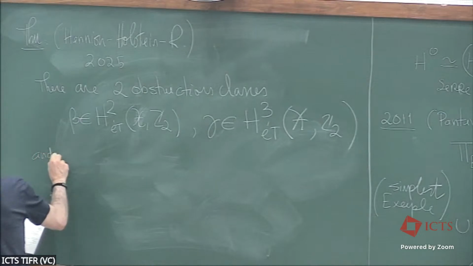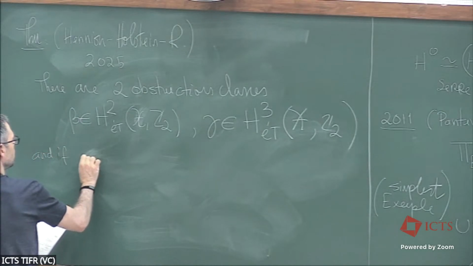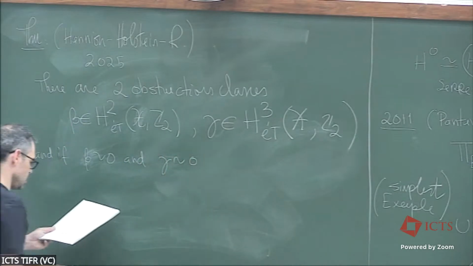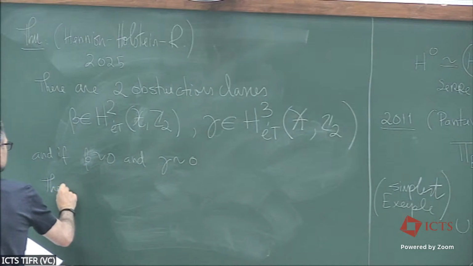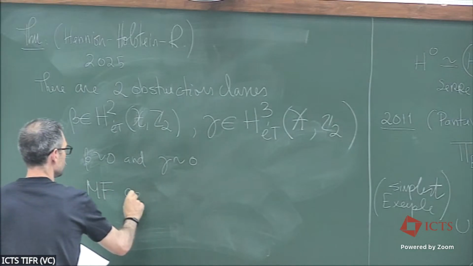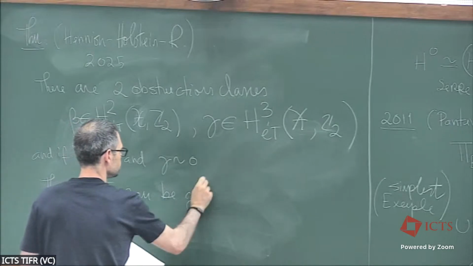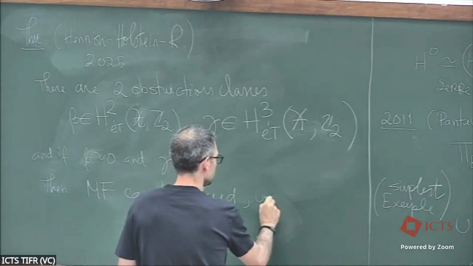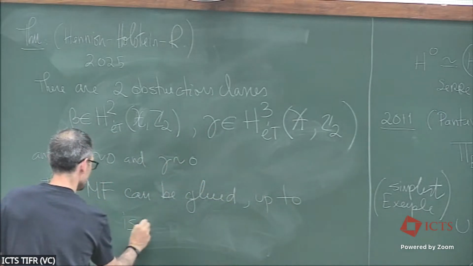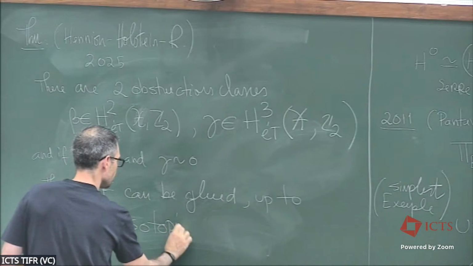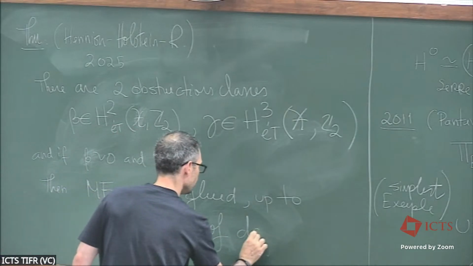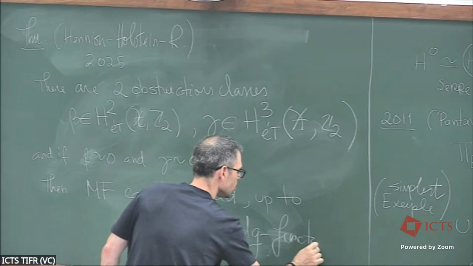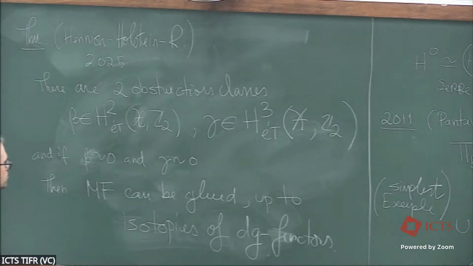And if you trivialize these classes, then MF can be glued, up to a certain nuance, that is, up to isotopies of these functors. So I will be more precise about this in a second, I will explain to you where this nuance comes from.